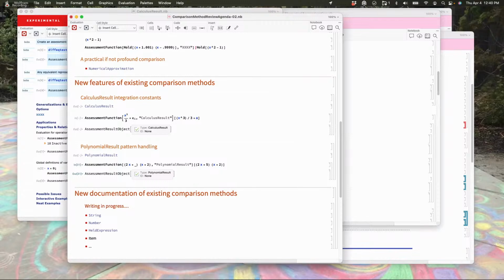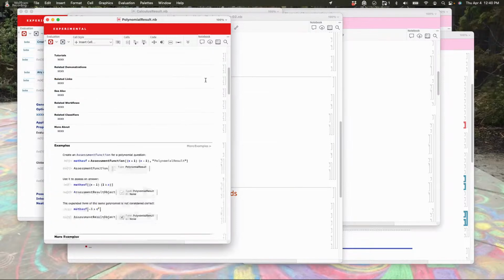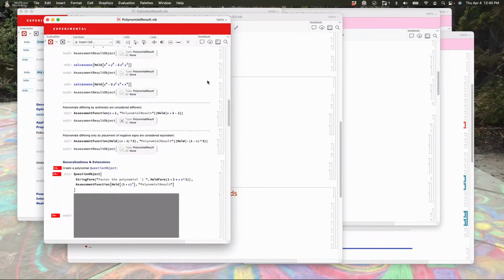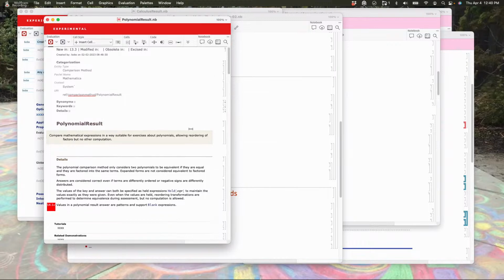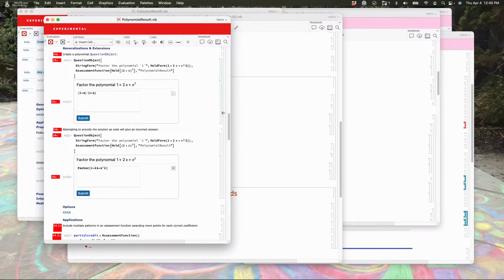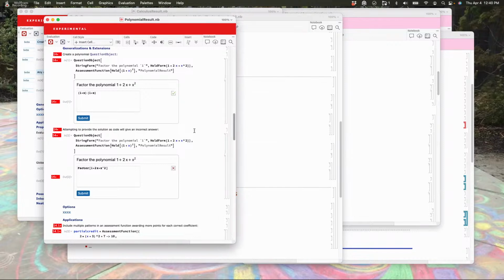And then polynomial result is one where we've added a lot of support for patterns, like blanks. This was a request from the CBM folks, who had a specific use case.